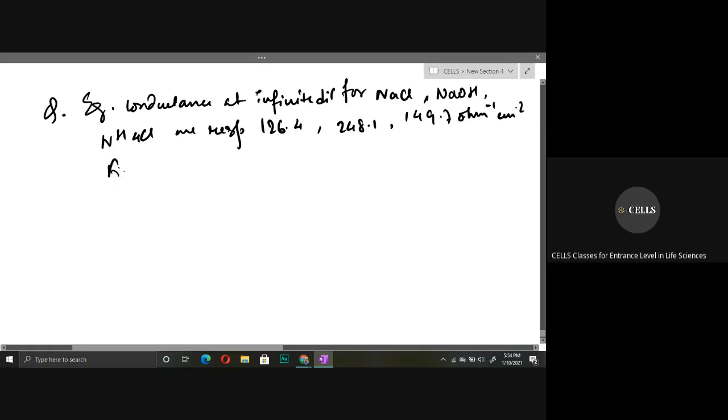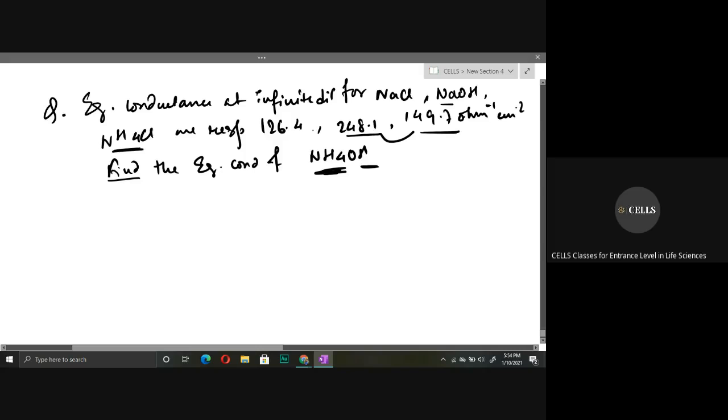Find the equivalent conductance. It is coming from the first law: equivalent conductance is equal to the sum of the equivalent conductances of the ions. So find the equivalent conductance of NH4OH. Here there is NH4 and there is OH. Where there is NH4, this is the value, and where there is OH, this is the value.